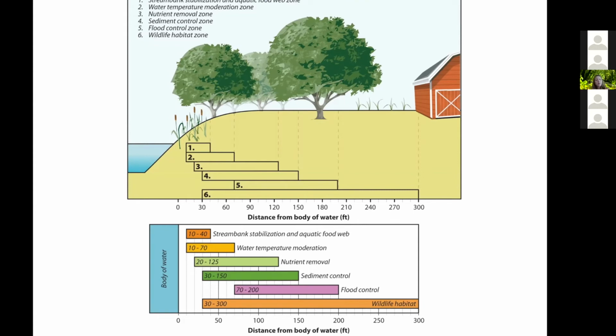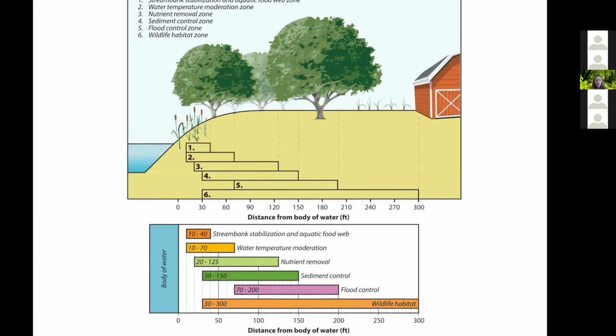And a lot of times when I talk to landowners, that's how I talk about it: okay, so if you step back 2 mower widths, or maybe now that we're very well versed in socially distancing, we know we're supposed to be 6 feet away, so like 2 social distances from the stream, that would give us some basic benefit of stream bank stabilization and water temperature moderation.